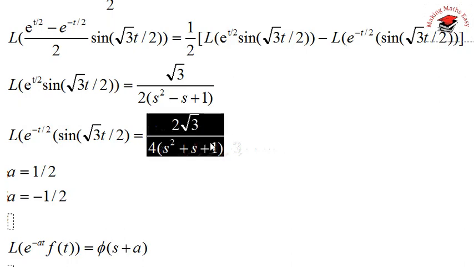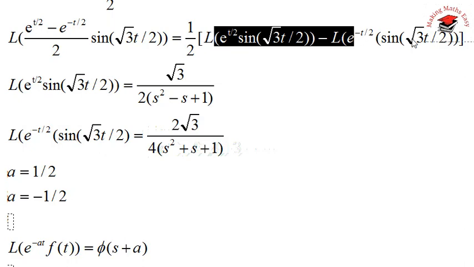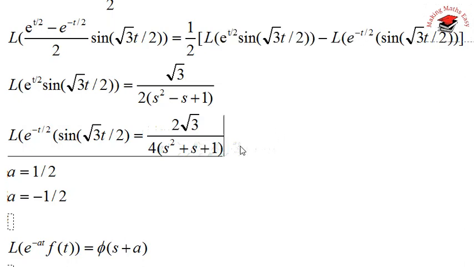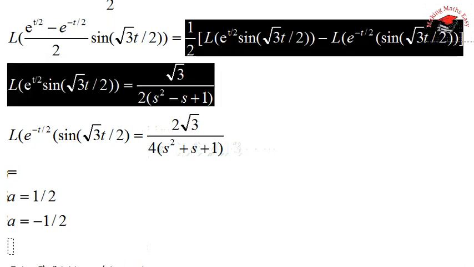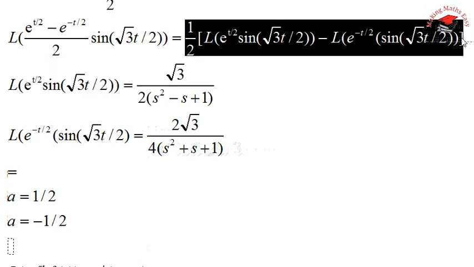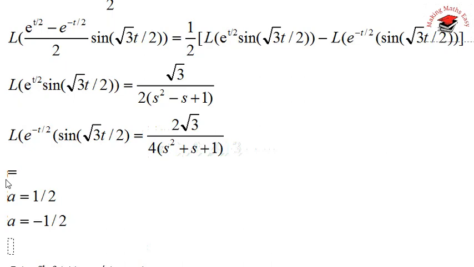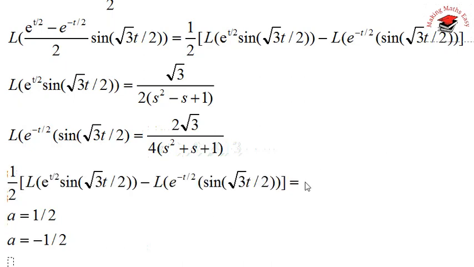So now let us perform the subtraction of two Laplace transforms and let us prove the given equation. So the subtraction of two Laplace transforms is given as 1 by 2 times the Laplace of the given function.